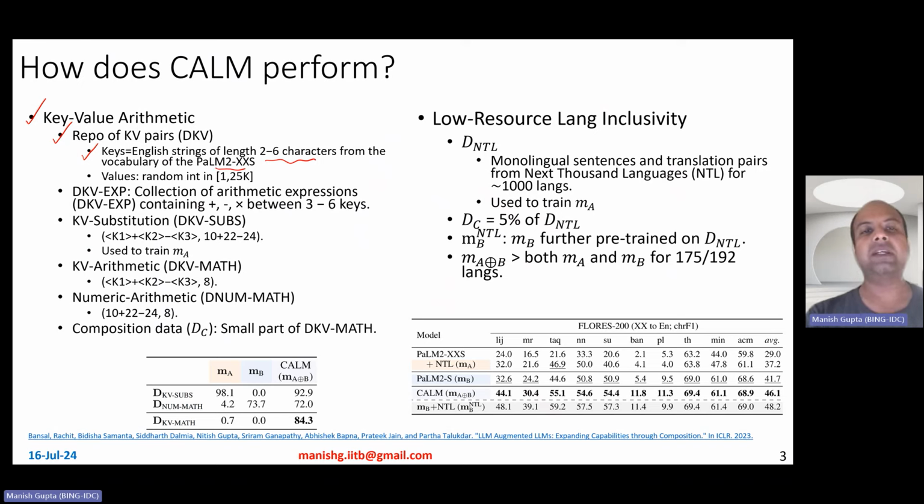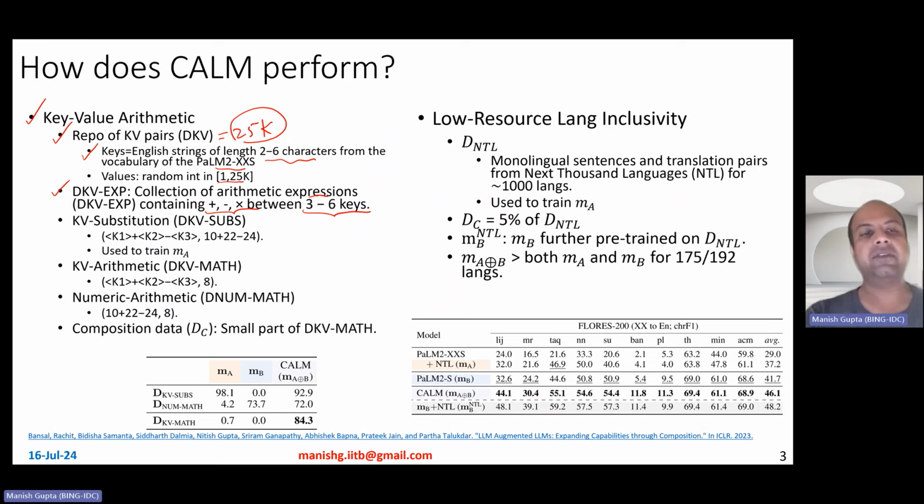Then they put values in the range of 1 to 25K, so the dataset size is also 25,000 examples. Then they created a very large collection of arithmetic expressions involving 3 to 6 keys with the operations plus, minus, and multiplication between them, and the keys are randomly sampled from this 25K set.